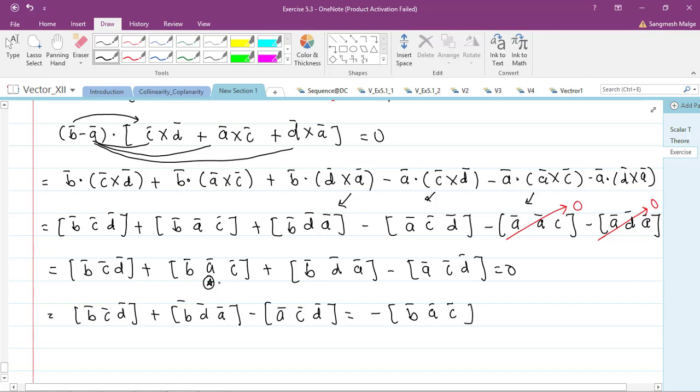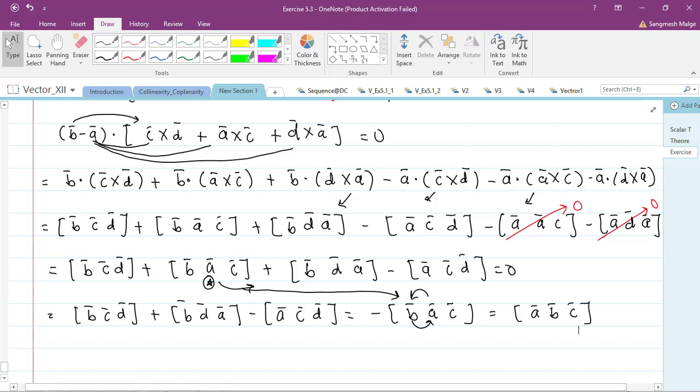See, this part I am taking on the RHS side. Now I want to remove this minus, so we will interchange any one row, a non-cyclic interchange. If I do, then I will get the negative sign. So minus minus plus, it will be B bar, C bar and A bar. So we get the RHS.